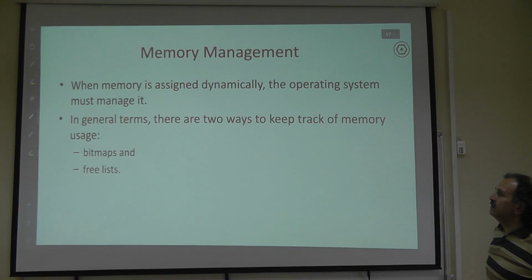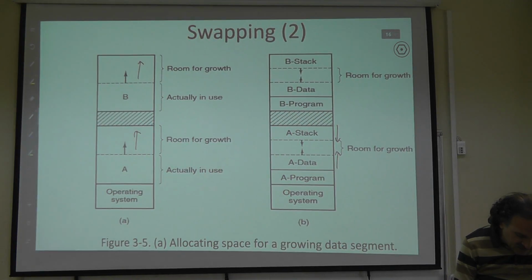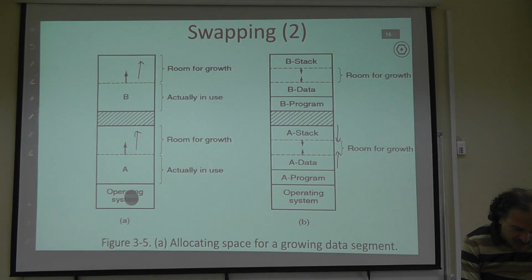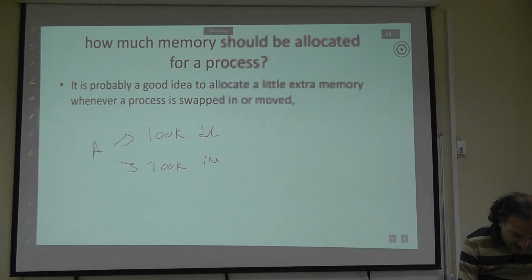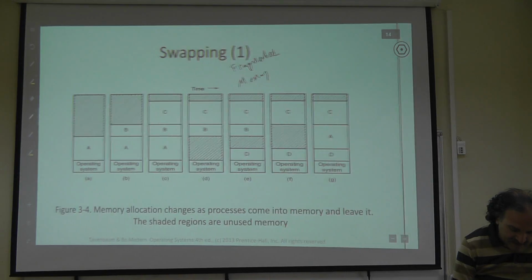If I have more than one process in my memory, usually I have this kind of space. There is some space for the operating system, some space for process A, some for B, and some places are empty, like this one. Occupied, empty, occupied, and empty.